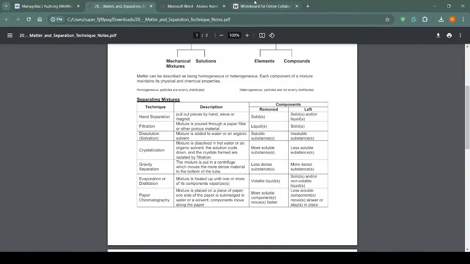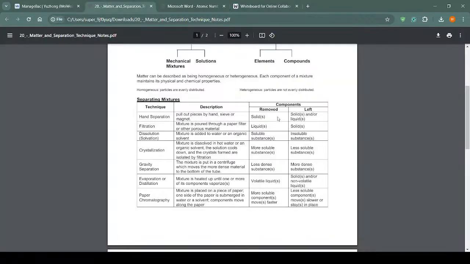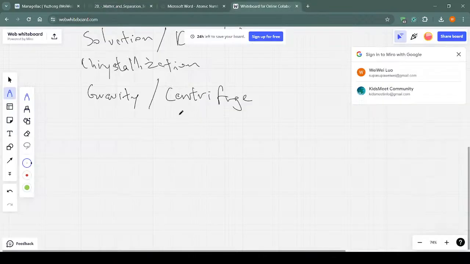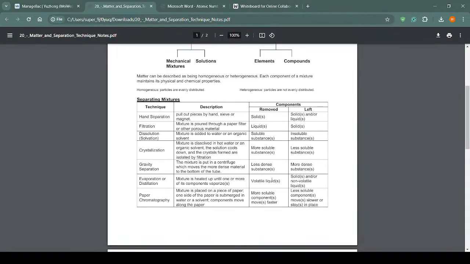Gravity in a centrifuge. So the more denser ones would be separated. Centrifuge. Evaporation or distillation. So this one removes the volatile liquids and solids or non-volatile liquids.